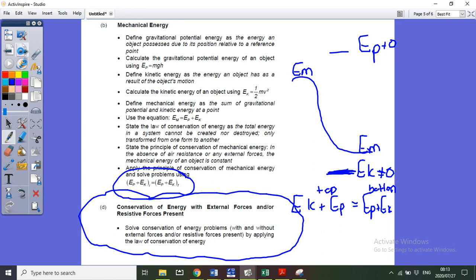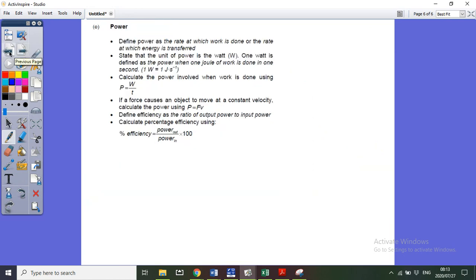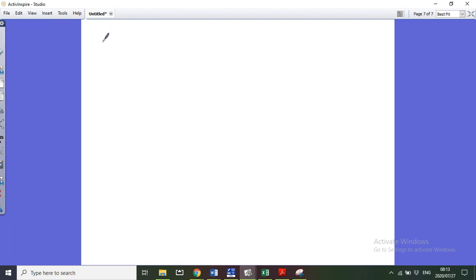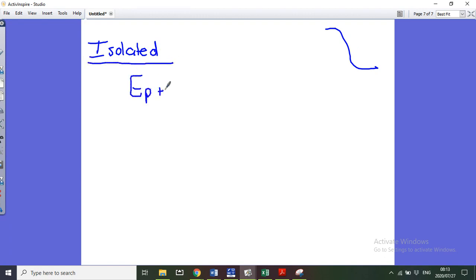So that is important. Now, before we get to power, I'm actually going to skip a page. If it is an isolated system, for instance, the example where you're sliding down and there's no friction, then we can say EP plus EK at position 1 must be equal to EP plus EK at position 2.